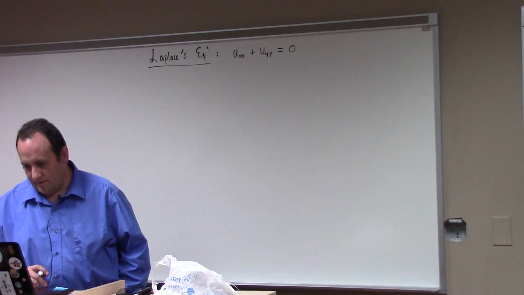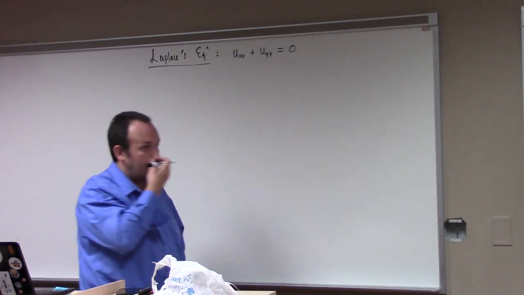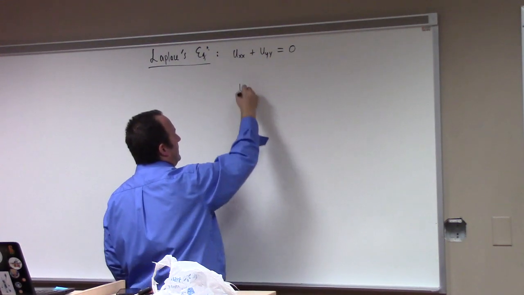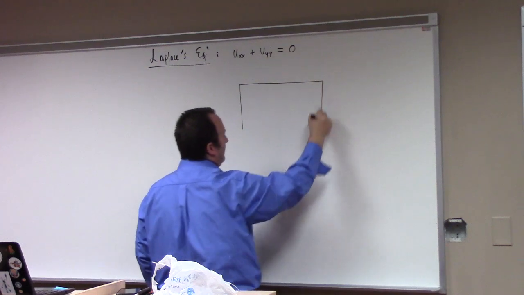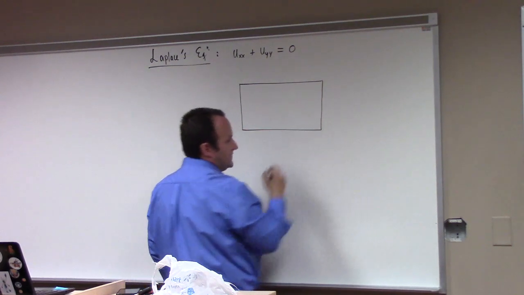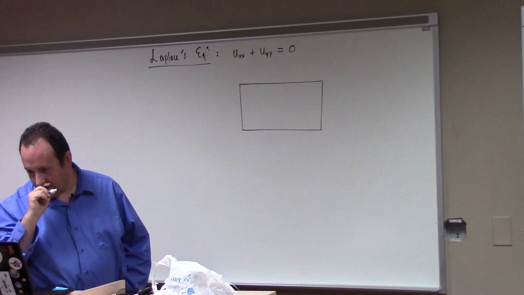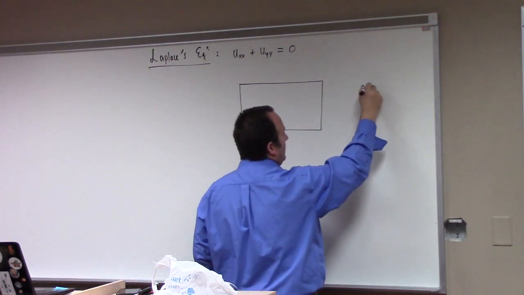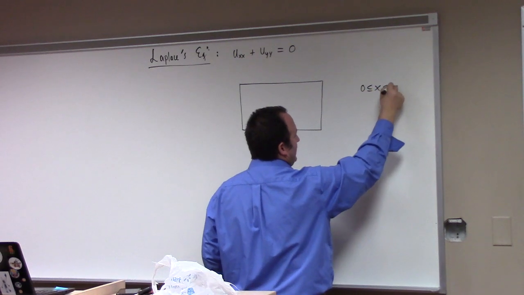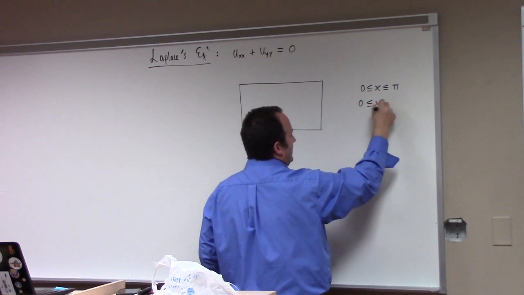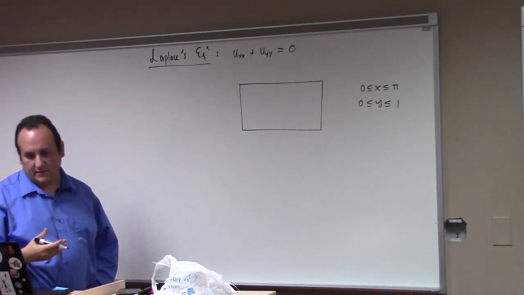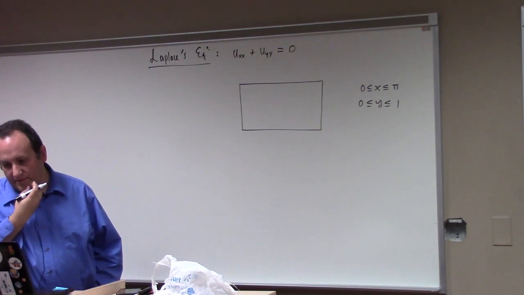So I'm going to solve this on a rectangle of sorts: 0 less than or equal to x less than or equal to pi, 0 less than or equal to y less than or equal to 1. I want to solve Laplace's equation on this rectangle given certain boundary conditions.